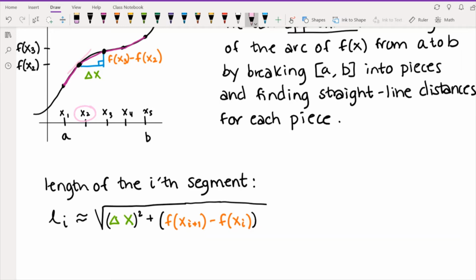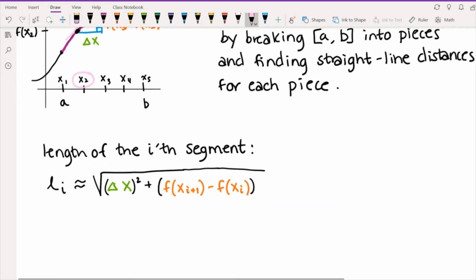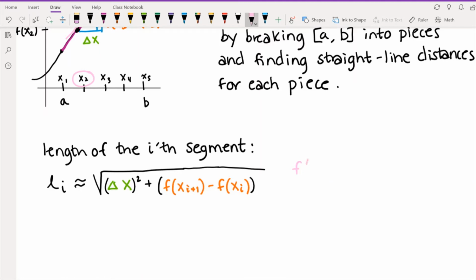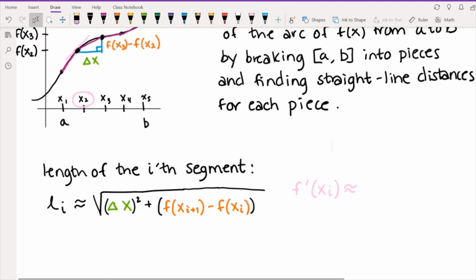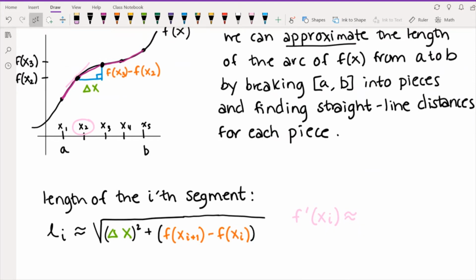That's what f prime of x2 would represent. So f prime of xi is not exactly equal to, but at least approximately equal to the slope of the hypotenuse of this right triangle. In this picture, you can tell they're not that close, but again, the smaller these intervals are, the closer that result will be.